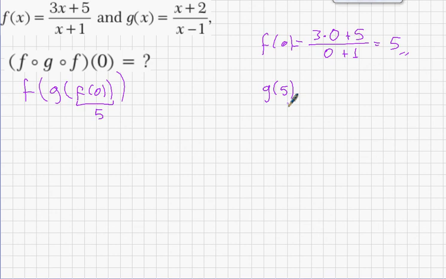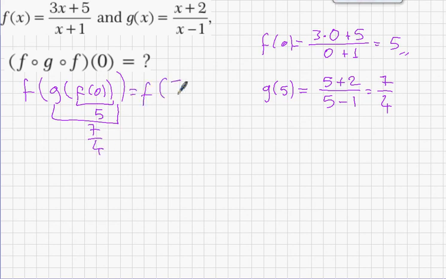Because instead of this, I can write equal, blah blah, it will take time. Now we must find g of 5. In the rule of g, we will replace 5: 5 over 4. So what will happen? This part is 7 over 4.